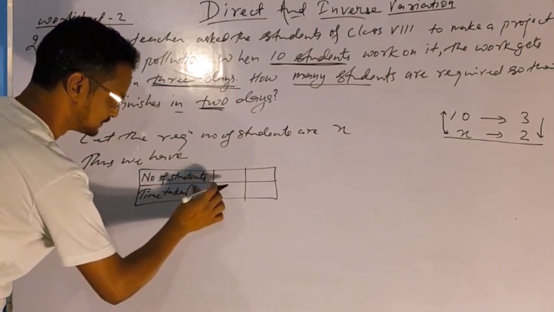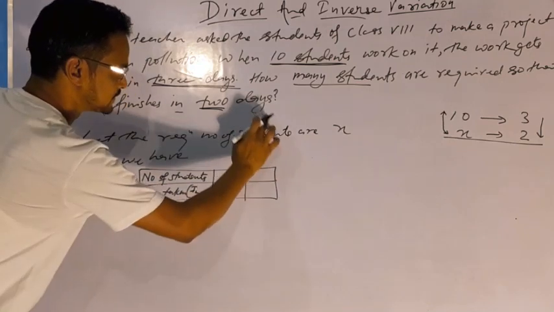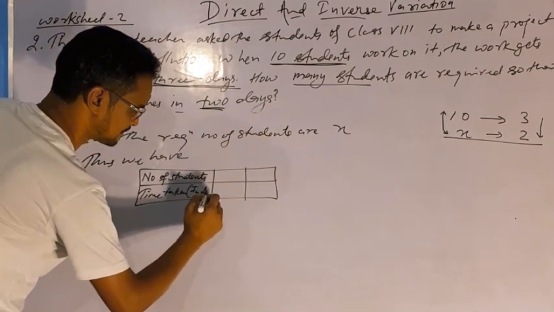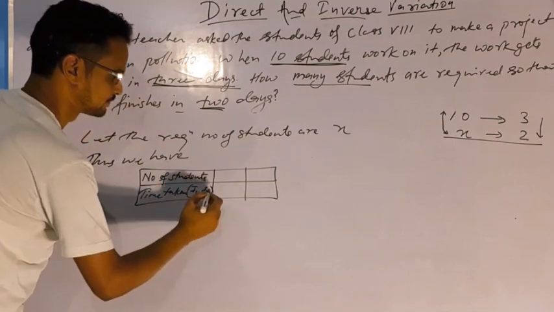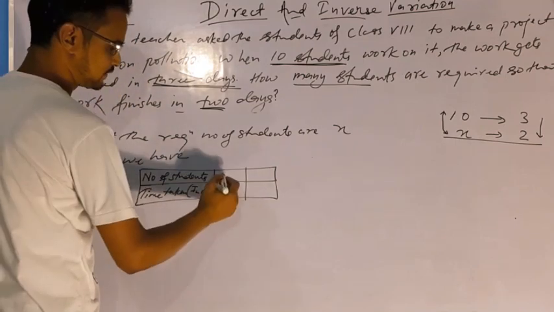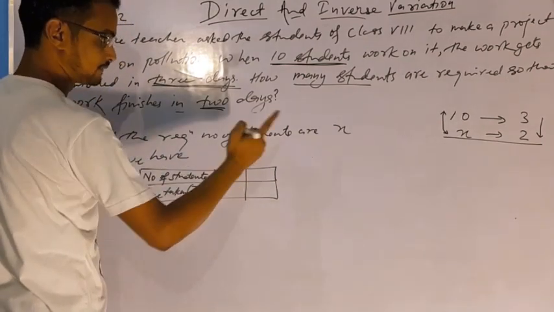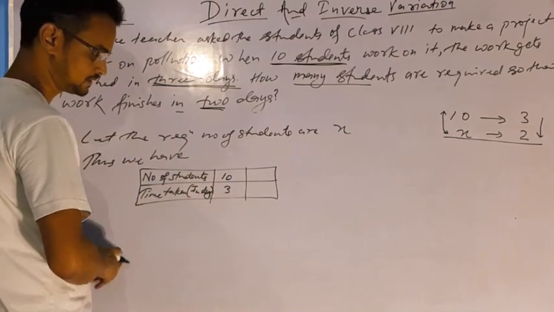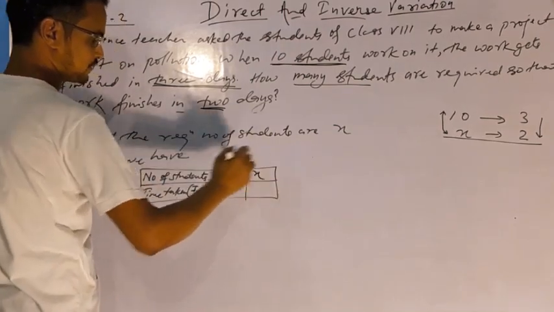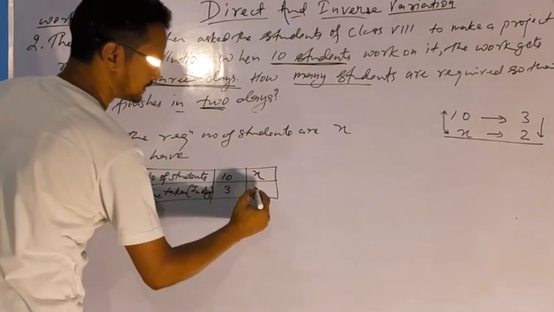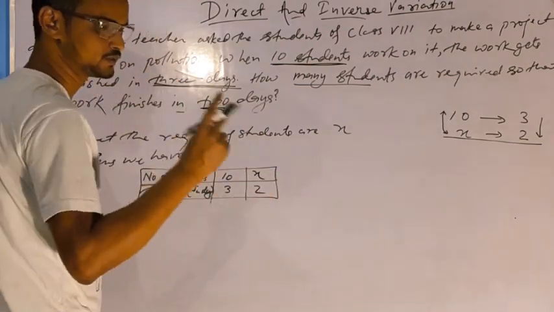Time is in days. For 10 students, the work will finish in 3 days, and when the number of students is x, the work gets completed in 2 days.